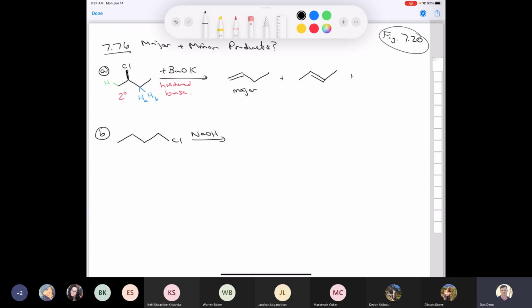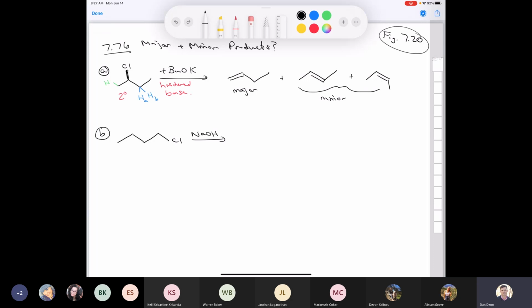And if I pull off the other one, I'm going to get a Zaitsev product that is cis, like that. So both of these will be minor products. And it doesn't ask us to split hairs between these two. Probably the trans would be formed in a greater amount because it's less sterically hindered, but that's neither here nor there.